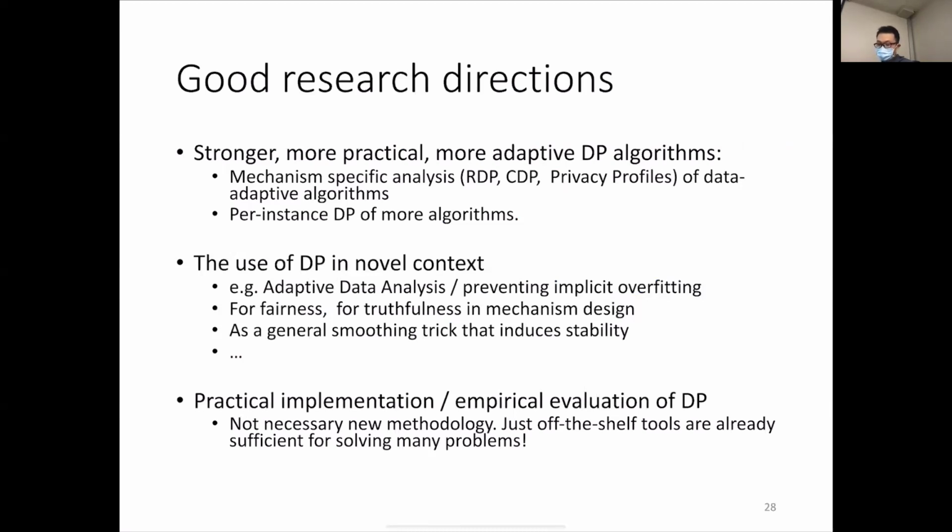So you don't have to necessarily invent new DP algorithms, but just apply existing DP tools correctly to solve real life problems. So that could be good research directions.